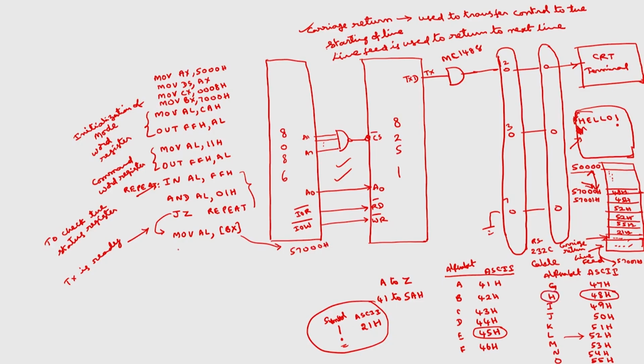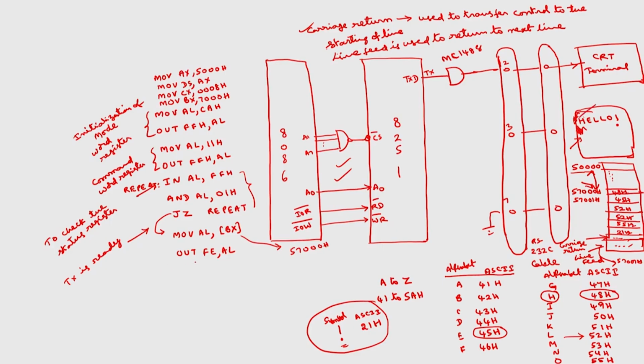If I transmit this out onto FEH, because this is the data register, I have to transmit on the data register, OUT FEH comma AL. So, that the H will be transmitted and that will be displayed on the CRT display.